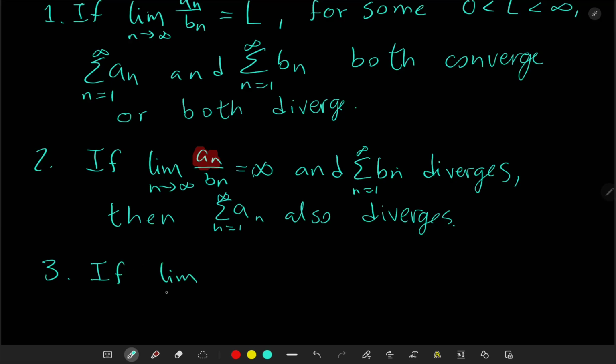Now, if the limit as n goes to infinity of an over bn happens to be 0, then you know this one is growing even slower, or it is decreasing much faster than this one.